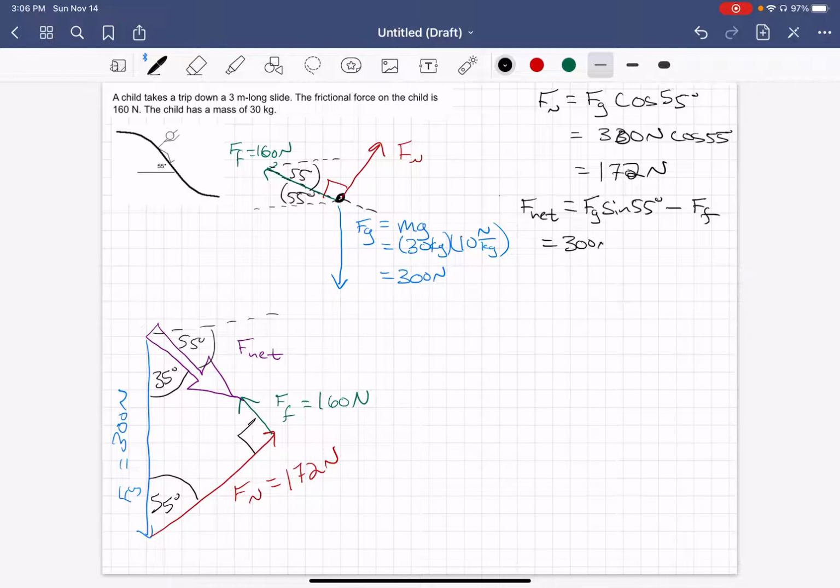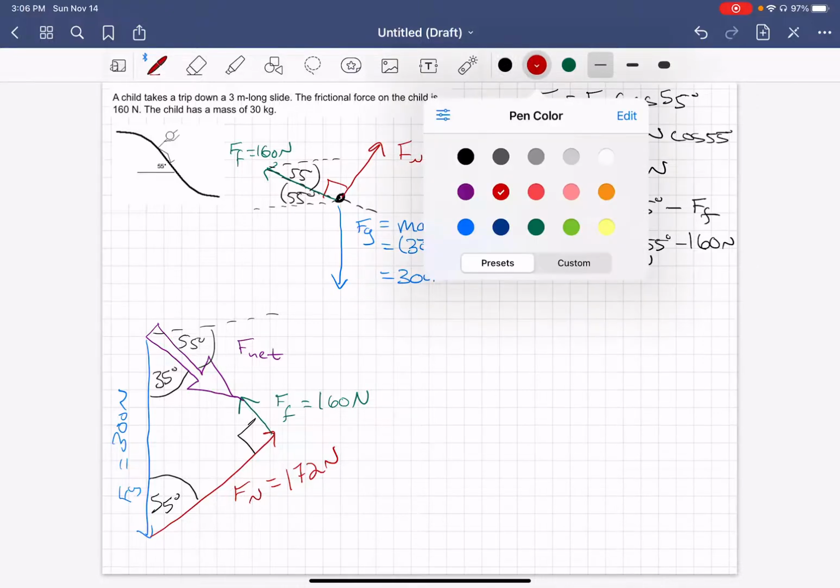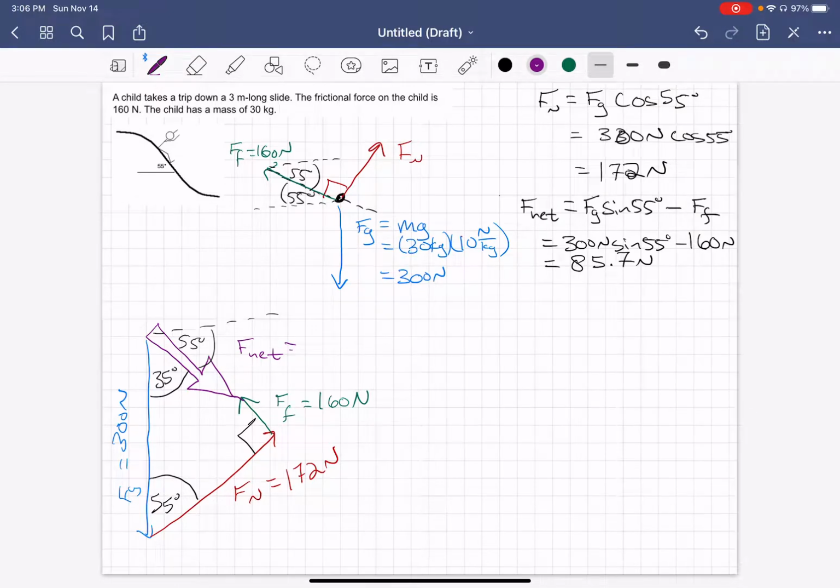So if I do 300 newtons times the sine of 55 degrees minus 160 newtons, when I put that into my calculator, I get 85.7 newtons. So that must be my net force.